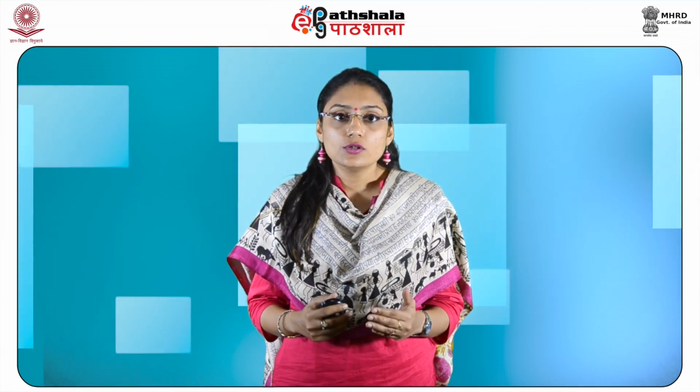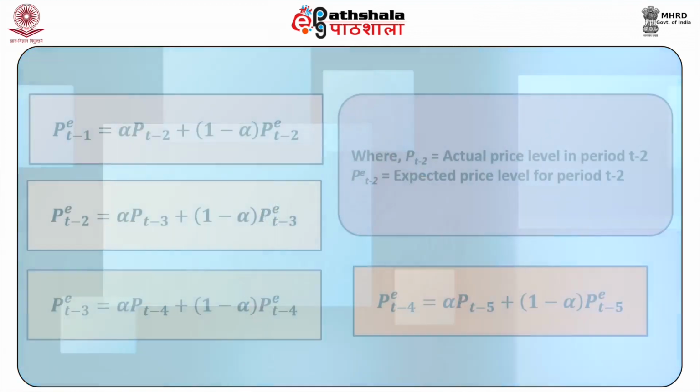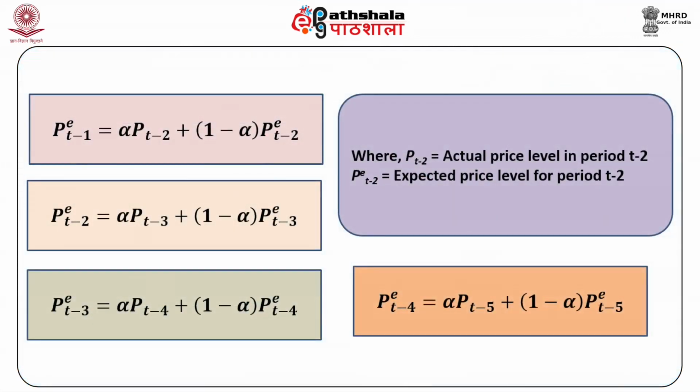Mathematically, the equation will look as follows. Pt-1^e = alpha Pt-2 + (1 - alpha) Pt-2^e. This is represented as equation 3, where Pt-2 stands for the actual price level in period t-2. Pt-2^e is the expected price level for the period t-2.